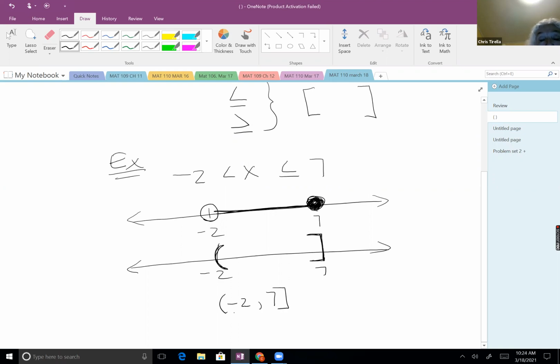I can't equal -2, I can equal 7. And so this interval means exactly the same as that original inequality, -2 is less than x is less than or equal to 7. Does that help? Yeah, helped a lot. Thank you. You're welcome. Anybody else have questions on anything else?